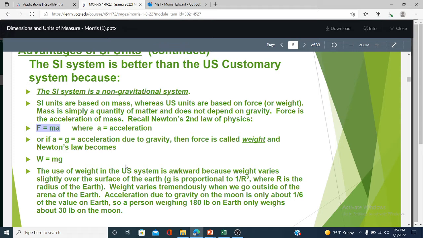You're going to weigh 30 pounds on the moon, because the acceleration due to gravity is 1/6 of that on Earth. So your weight will be less. So when you're designing something for space or on Earth, a lot of times, especially NASA, will use the mass and not the weight of the components.